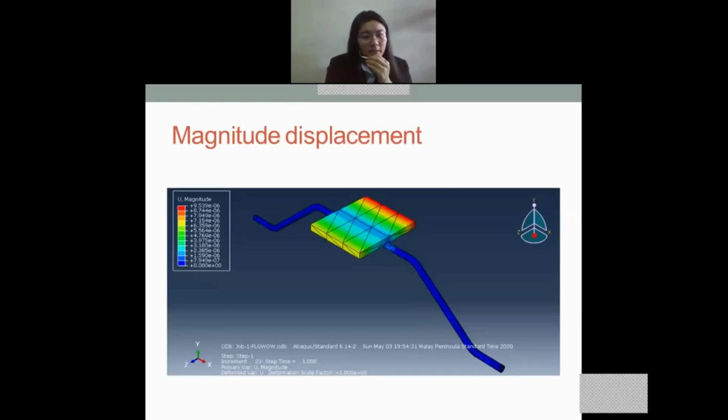And this is the magnitude displacement, and this is the same as the von Mises, where the red color is the most critical and the highest magnitude, and the blue color is the lowest magnitude.